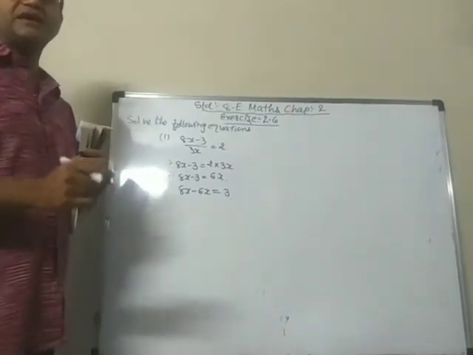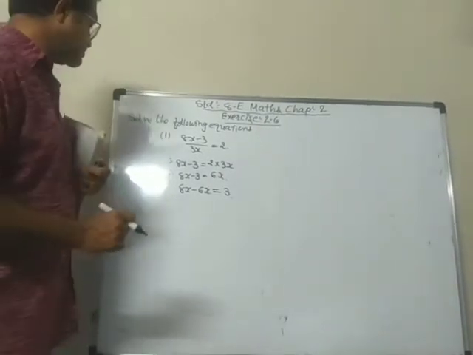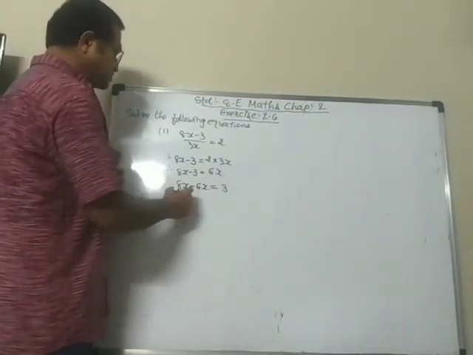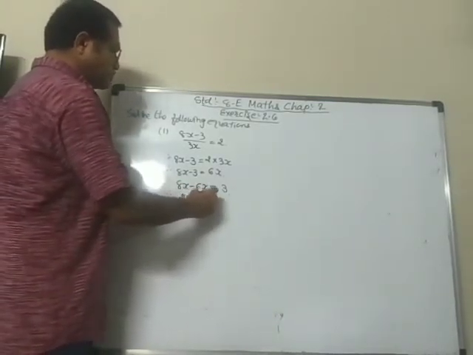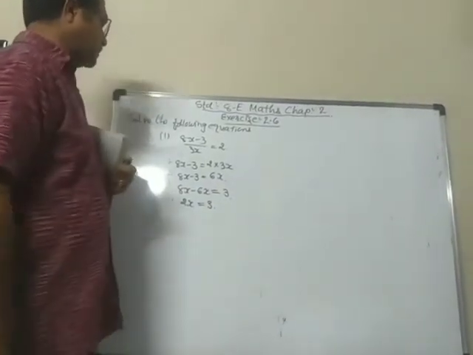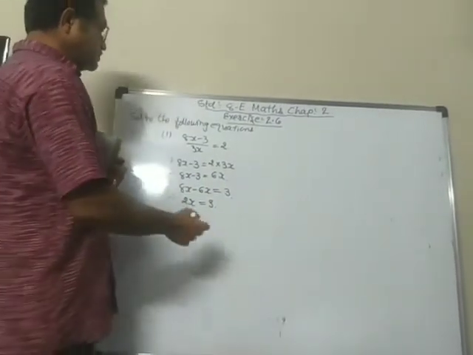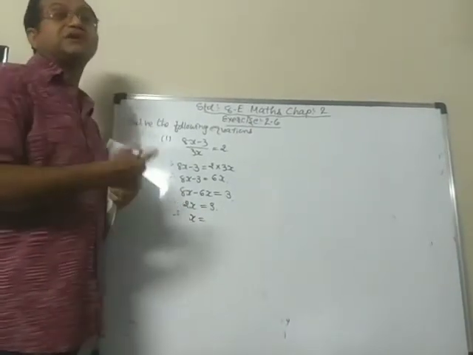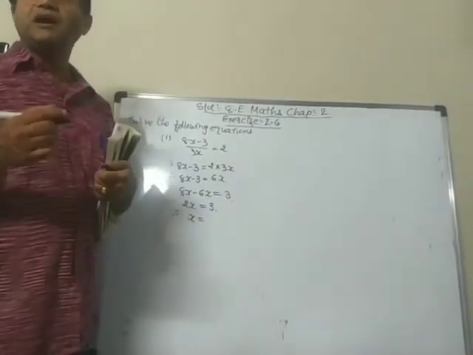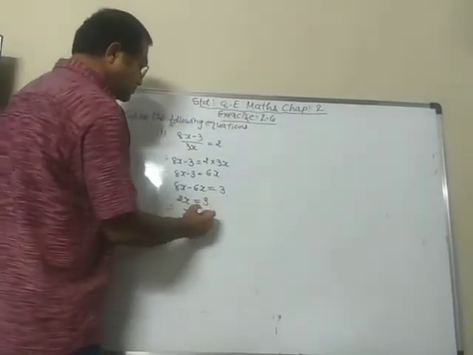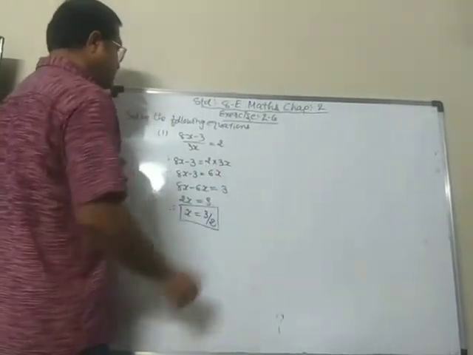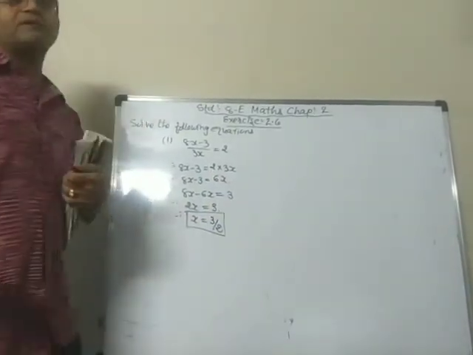So we get 8x minus 6x is equal to 3. Now 8x minus 6x is 2x. So 2x is equal to 3. And thus we get the final answer: when you take 2 that side, it will go in the denominator. So x is equal to 3 by 2. So that is the answer of our first sum.